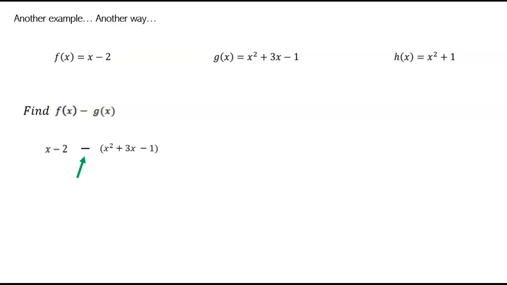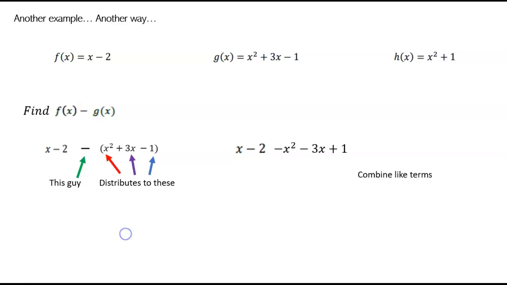The subtraction symbol, or the minus sign, will be distributed to all the terms in the subtrahend. So we will keep the minuend, and after distributing the minus sign, we will have negative x squared minus 3x plus 1. And then we can combine like terms.